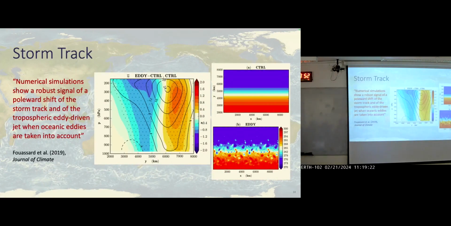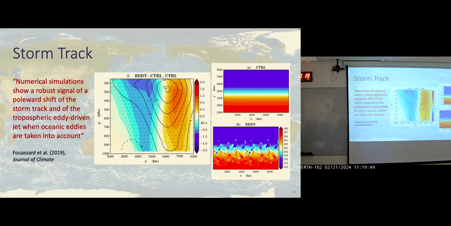And this is a nice idealized study that actually showed it in a modeling study. Here they used a setup where they ran the WRF model, the atmospheric model. In the first simulation, the control simulation, they just provide the north to south sea surface temperature gradient.